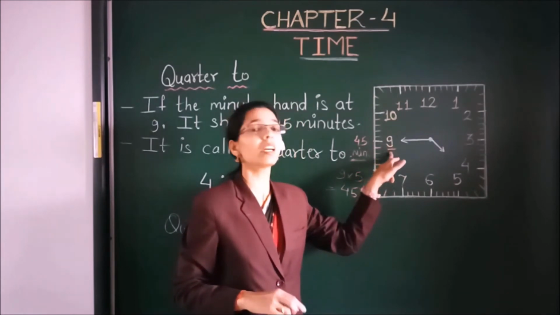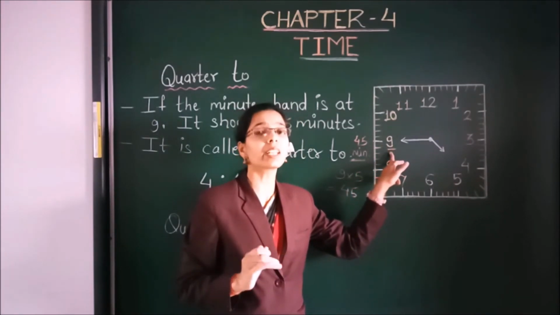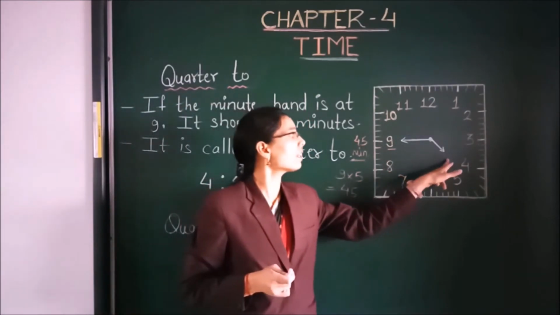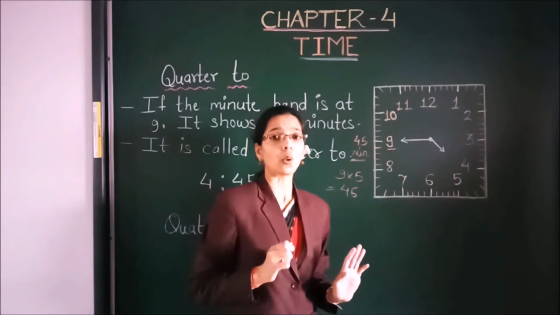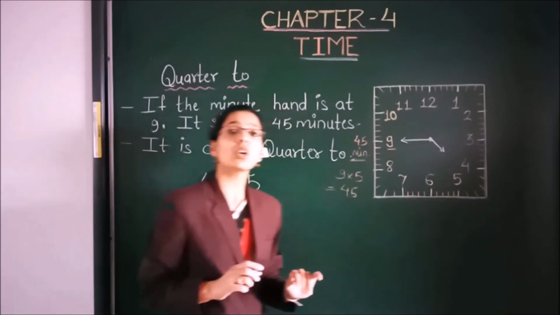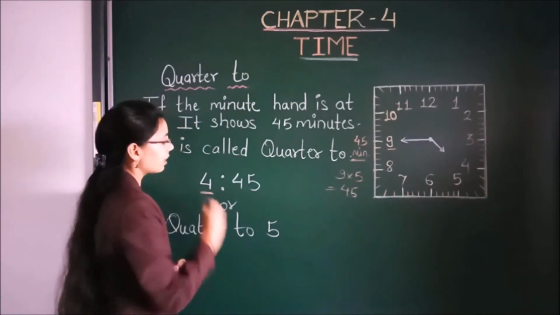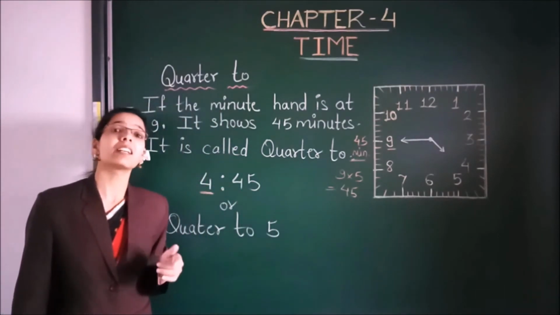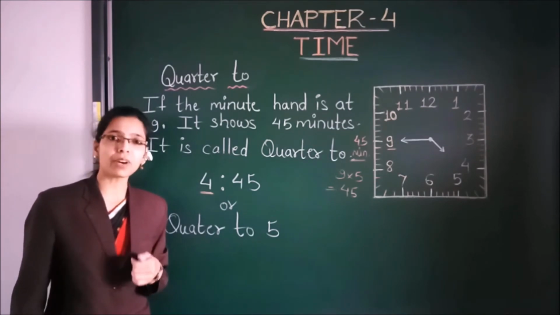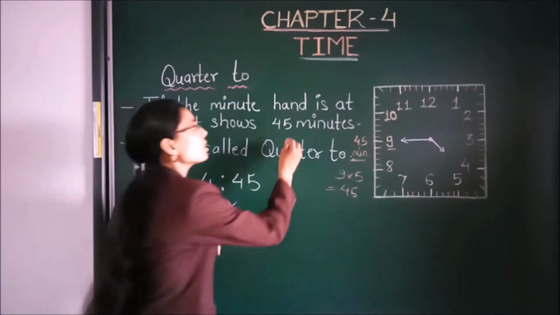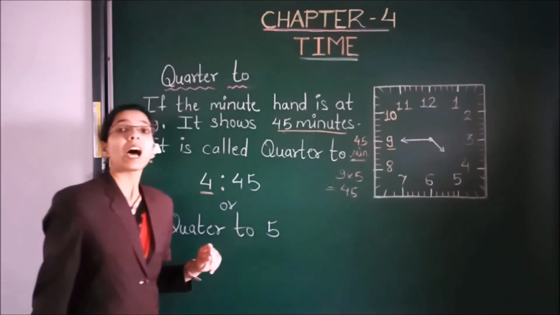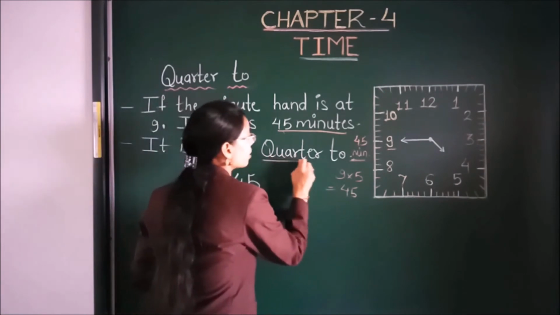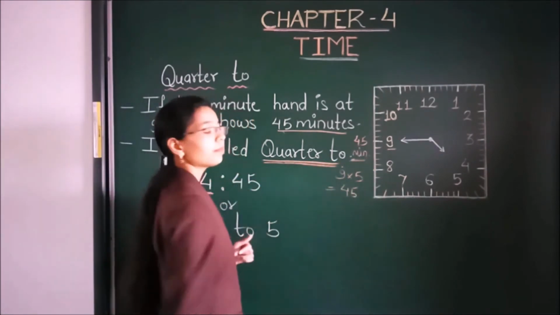That is why there are 45 minutes here. And the hour hand has crossed 4. That is why we have written here 4. So if the minute hand is at 9, it shows 45 minutes and it is called quarter to.